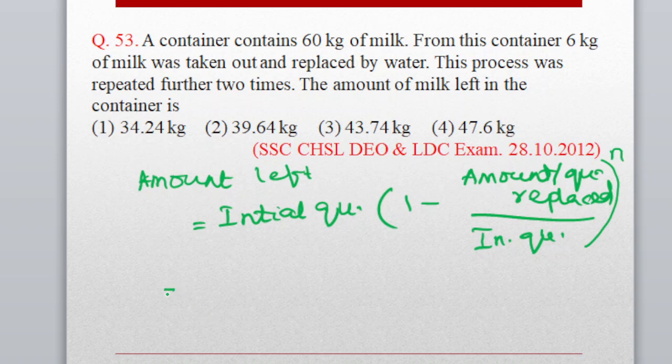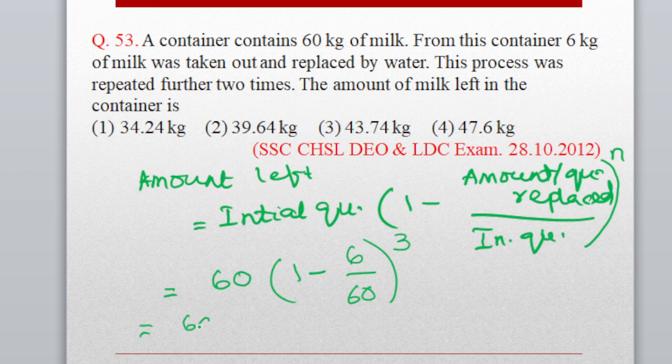So now we have initial quantity 60 into (1 minus quantity replaced, which is 6, by 60) to the power n, here n is 3, because it is continued for 3 times. Now 60 into, here 6 by 60 is 1 by 10.